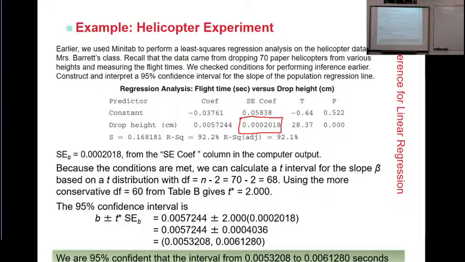I would say talk about the flight time regression line between these two variables so that you have some context to the problem, so that you're not just saying the slope.